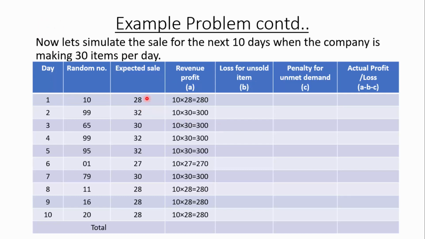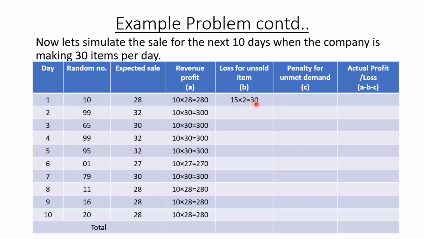Here the expected sale is 28 and the company is making 30 items per day. So definitely two items will remain unsold, and one item causes a loss of rupees 15. So 15 into 2 will be rupees 30. So rupees 30 will be the loss here.